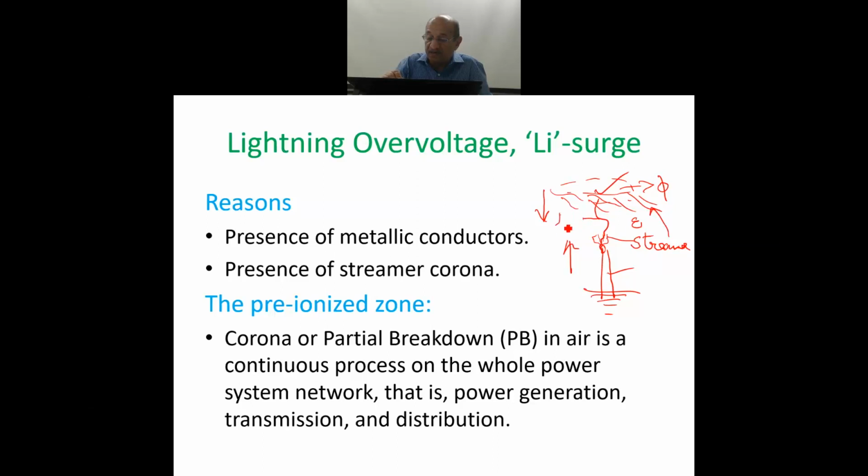This is called the leader channel, which is very highly conducting because the air acquires a plasma state, so its conductivity is very high there. So the charge on the clouds acquires the least resistance path and evacuates. The current flows on the conductor.